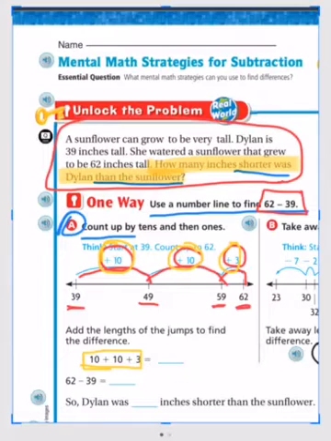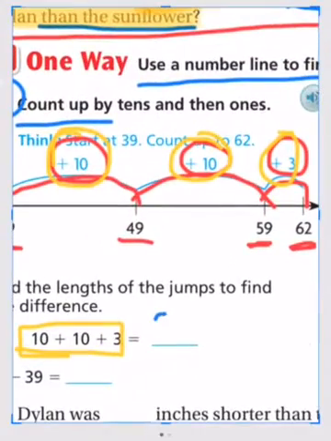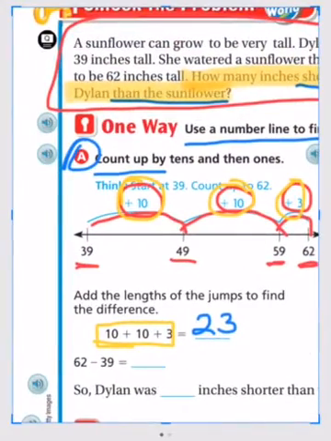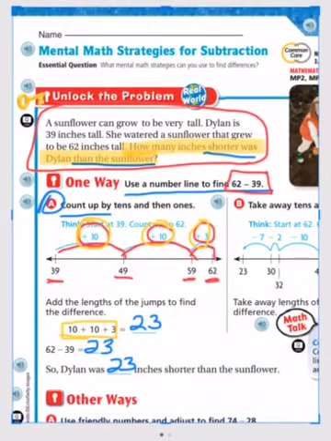We add the lengths of the jumps and find the difference. 10 plus 10 plus 3 equals 23. So 62 minus 39 equals 23. And Dylan then is 23 inches shorter than the sunflower.